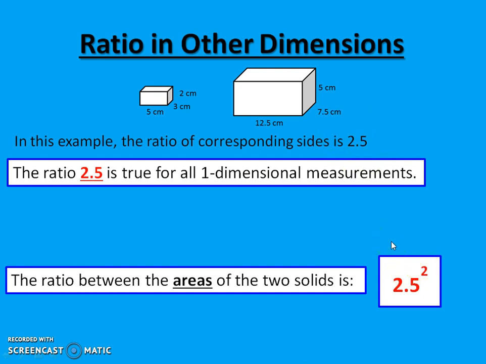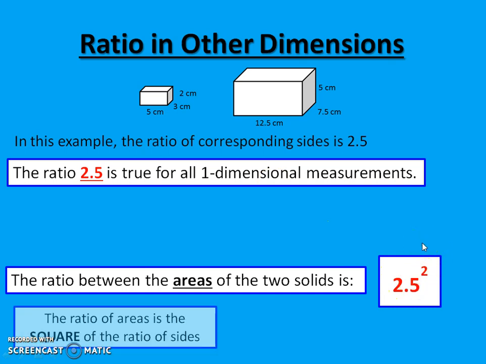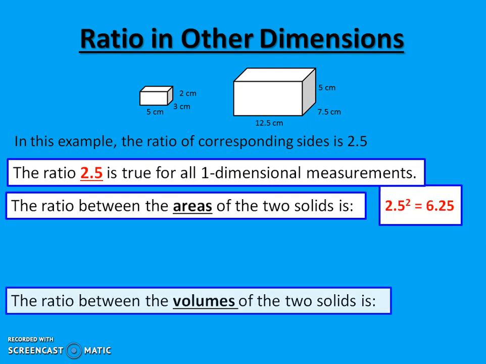That's going to be true for any similar solids, that whatever the ratio is for one dimension, any areas between the two shapes will have a ratio of the same number squared. Here that turns out to be 6.25. You can use 2.5 squared or 6.25, they're equivalent.